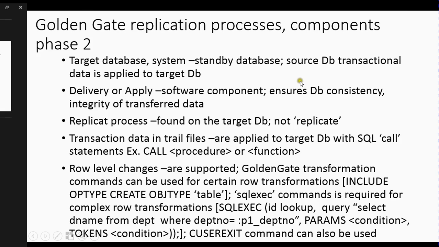So this is what I'm referring to as phase two. The target database system is also called a standby database. This is where the transaction data from the source database is going to be applied.